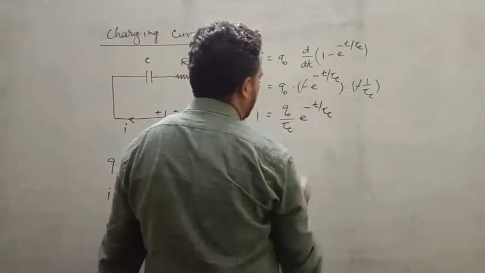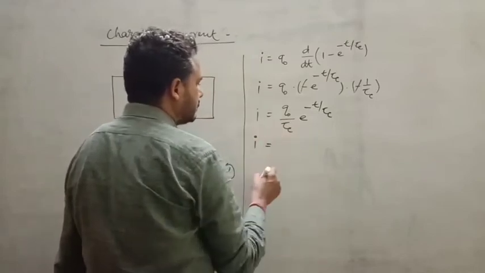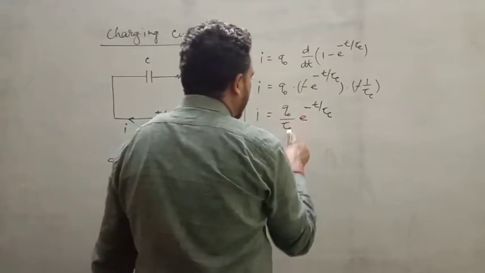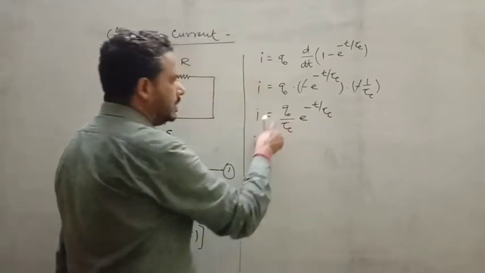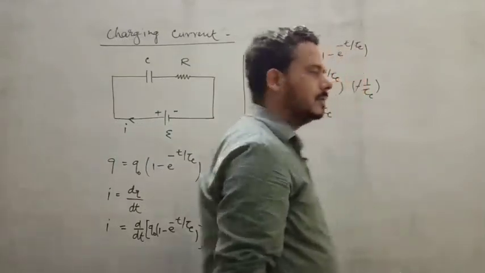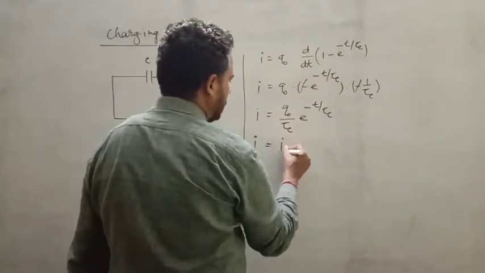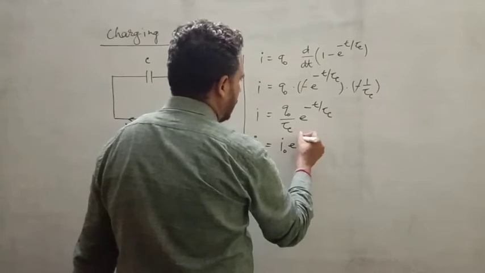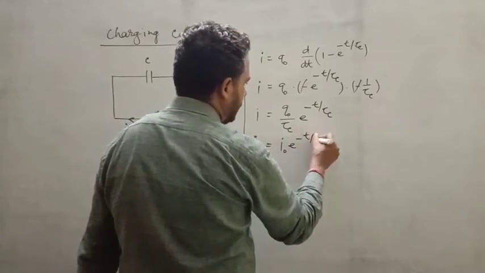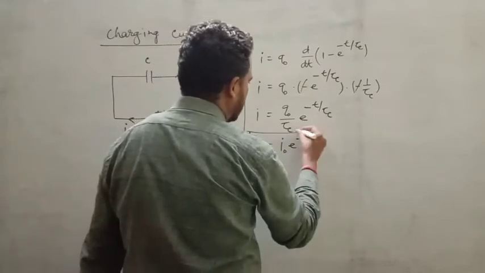Now Q naught by tau c, where tau c is a time, is charge by time, so it is I naught. So this is I naught e to the power minus t by tau c, and this is your result.